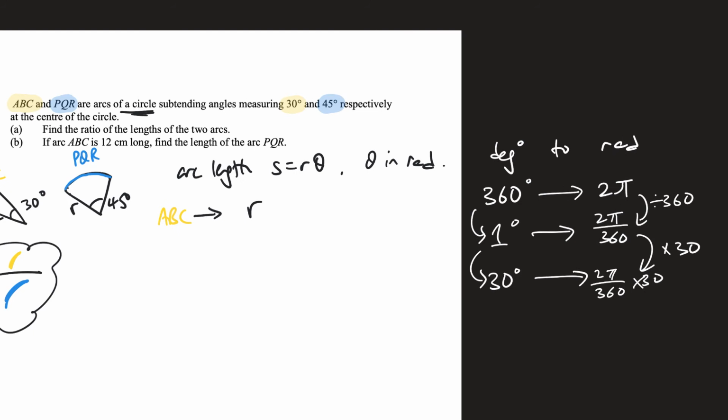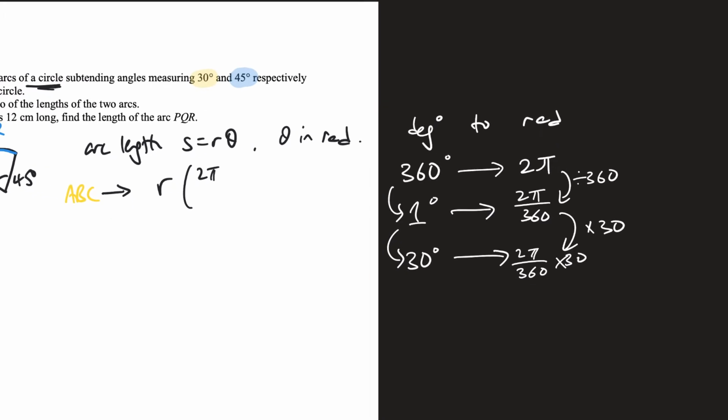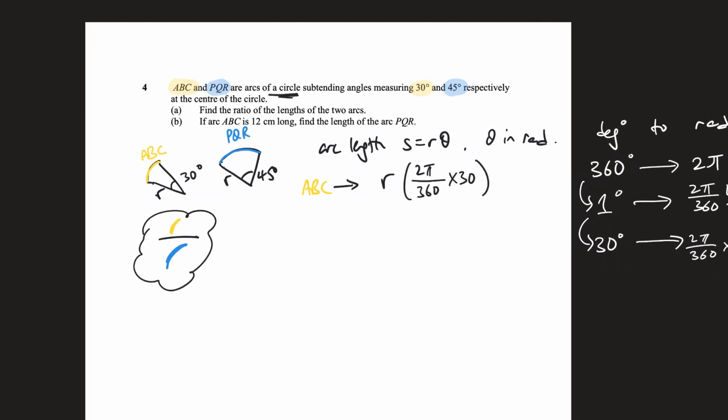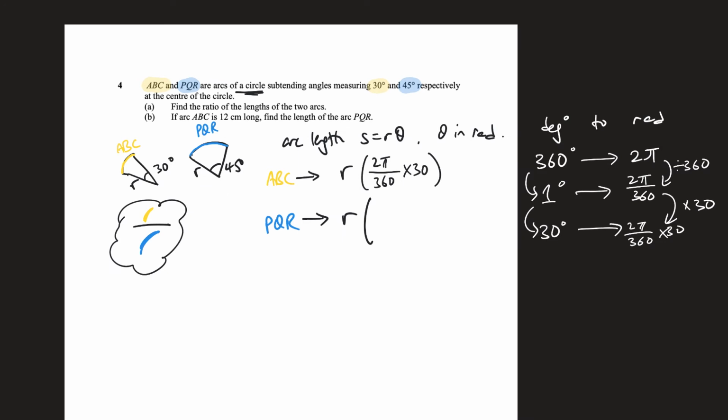So I'm going to do it over here. That's R multiplied by 2 pi over 360 times 30, and that is ABC. And then for PQR, it's R also, the radius of the circle. Now I want it to be 45 degrees.